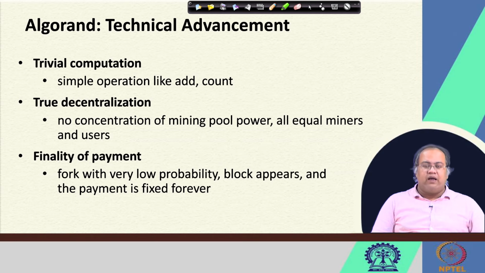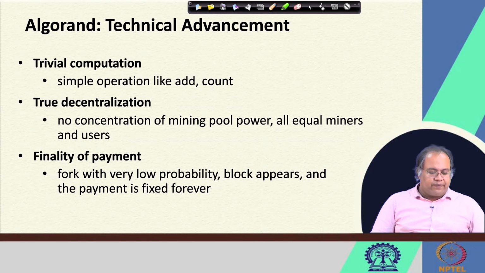It is not that a fork cannot happen in Algorand. Fork can happen in Algorand, but the probability of fork is very low. So, because the fork can happen with very low probability, the block appears and the payment is fixed forever. So, if you have a block, that means your payment is mostly fixed.